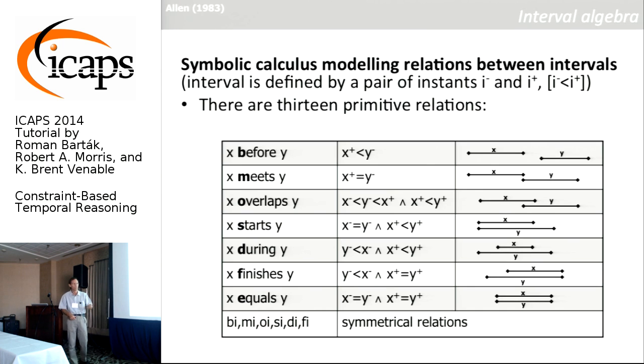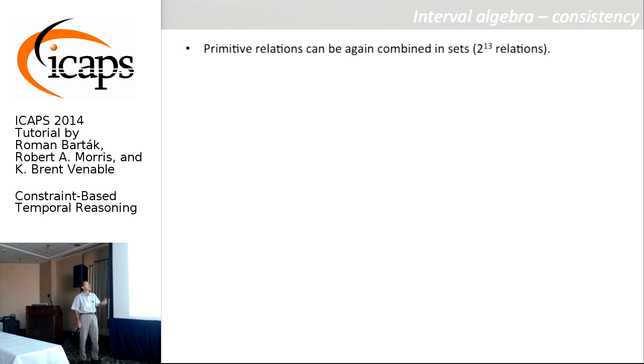So it's an inverse relation to before. And like before, we have 13 primitive relations, and we can combine them in a set. So now we have 2 to the power of 13 possible relations between 2 intervals, including relations where we are not exactly sure what the relation is. Like it could be before or after, or they are somehow overlapping in various ways, right?